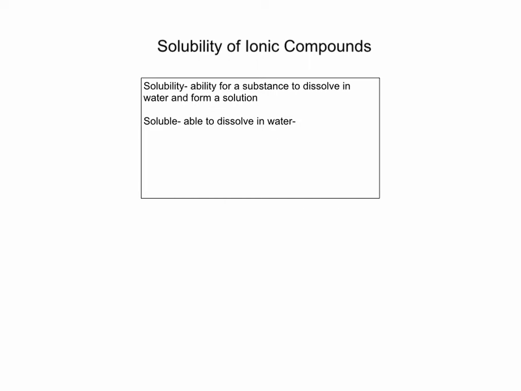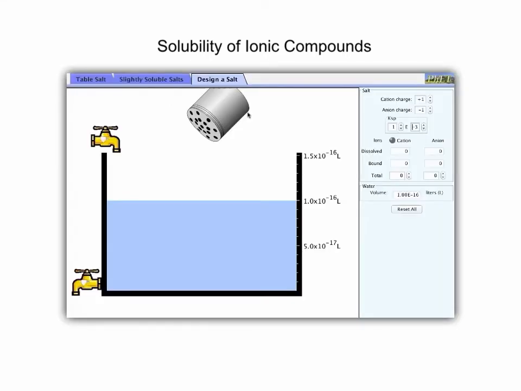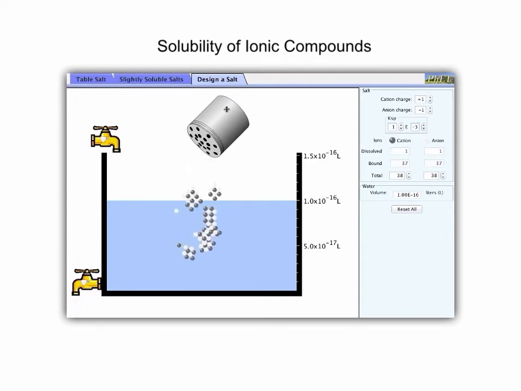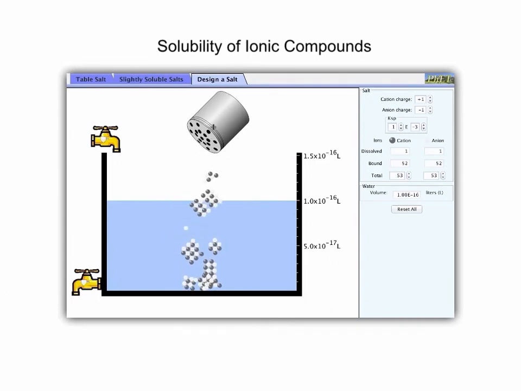If a substance is soluble and our reaction is taking place in water, the state is aqueous. But is it possible for an ionic compound not to be soluble? In this video, I have a salt that is what we call insoluble. So we're adding the salt crystals, and as you can see, the majority of the crystals stay together.